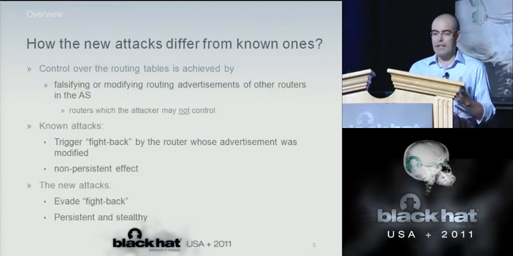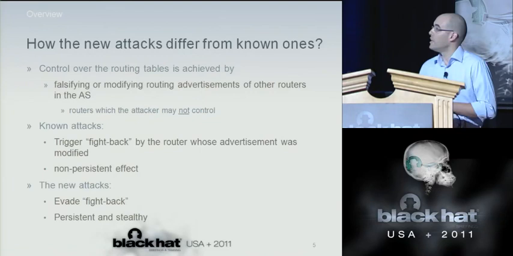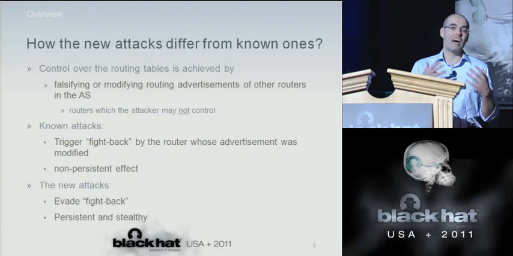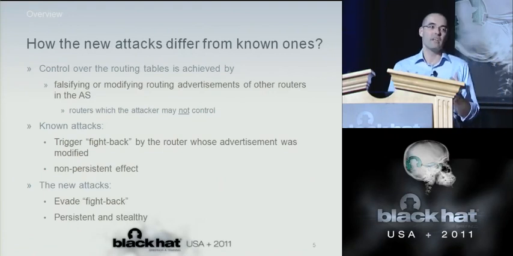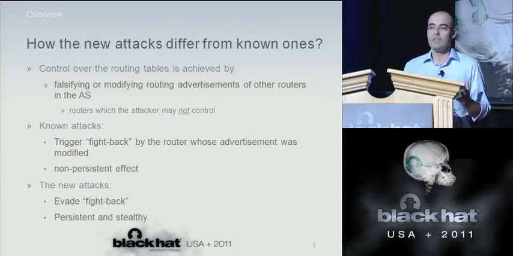So how do the attacks actually work, and why are they so different from known OSPF attacks you may already know? The attacks achieve control over the routing tables of another router by falsifying or controlling the router's view of the autonomous system's topology.